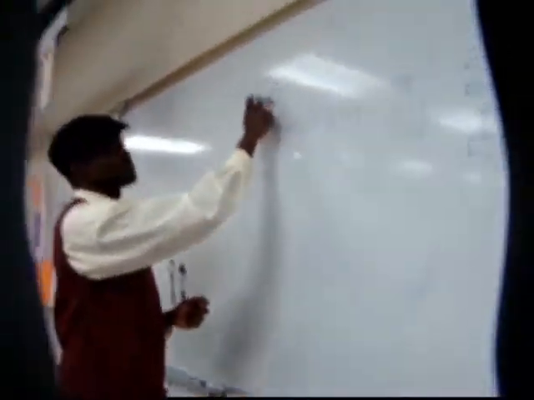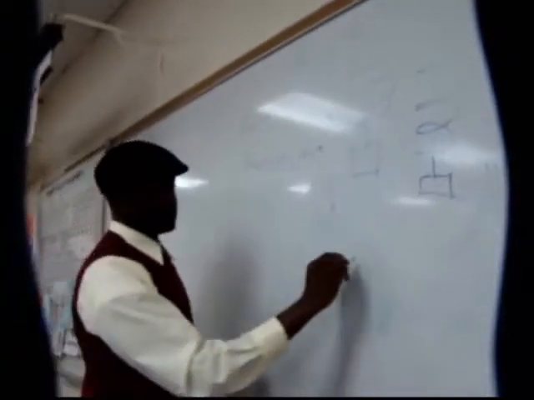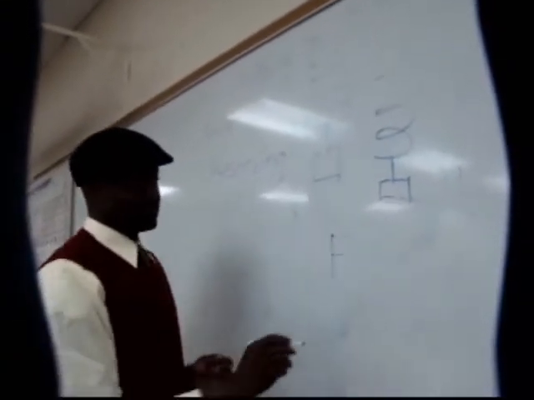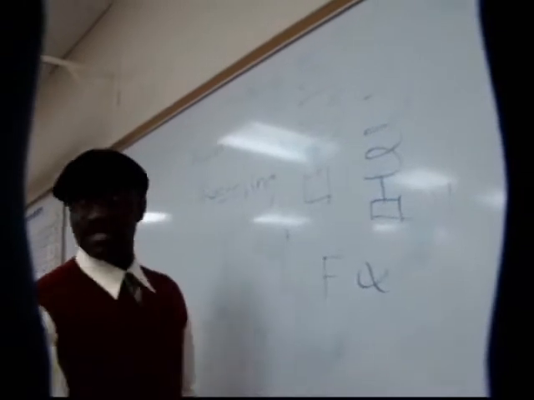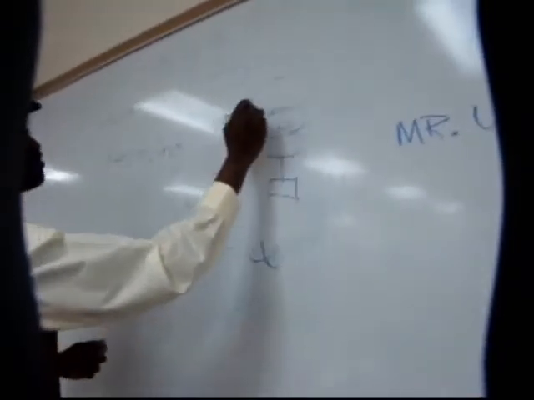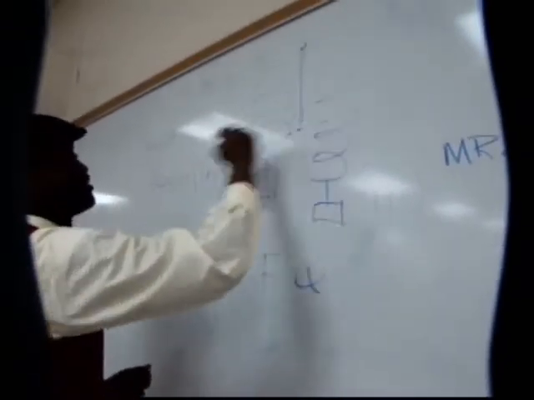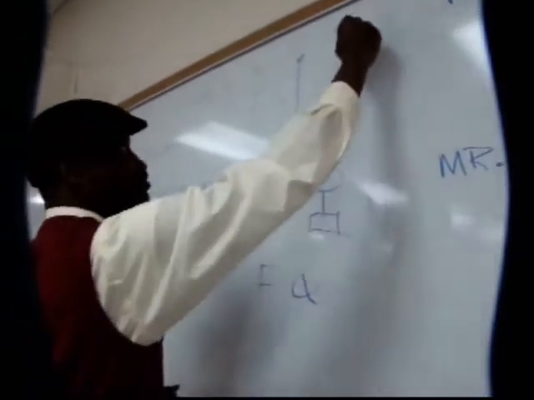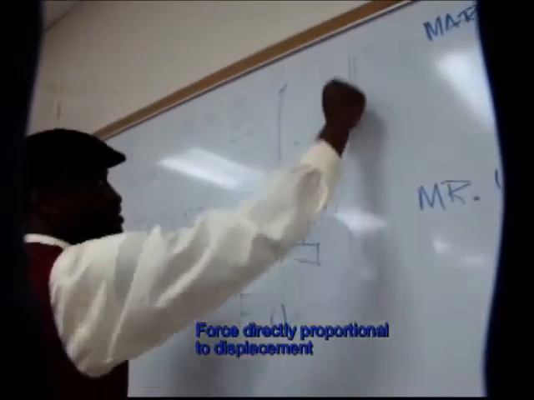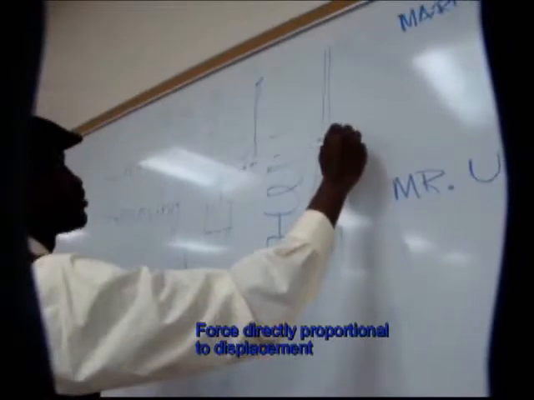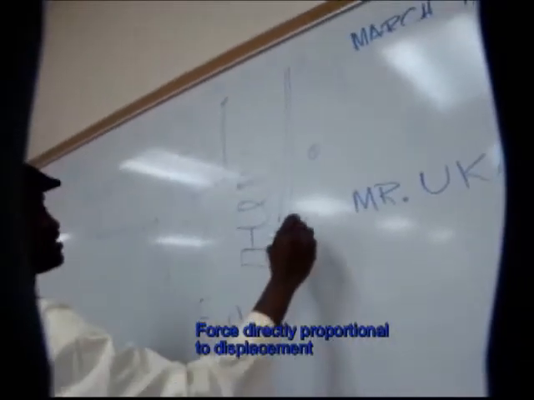So now, this very force, F, is directly proportional to the displacement. Look at this original ruler. Then, when you measure again, you have this. So, original position is right here. Then, there's a displacement up to this point.